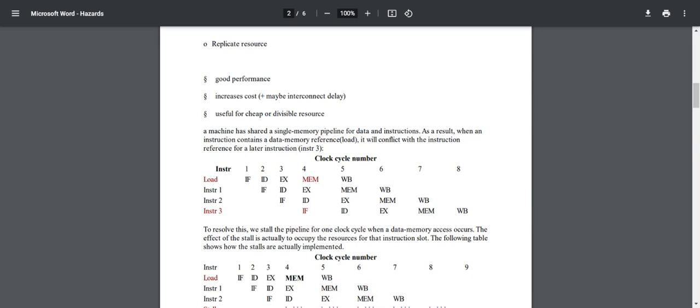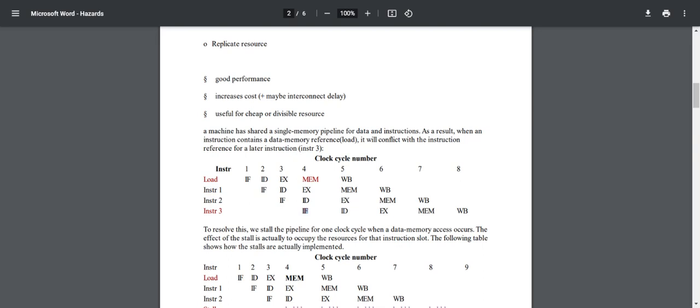For example, if you look into the fourth clock cycle, you can say that first instruction, that is load type operation, is in the memory operation stage, whereas instruction 1 is in execution phase, instruction 2 is being operated in the instruction decode phase, instruction 3 is in the instruction fetch stage.